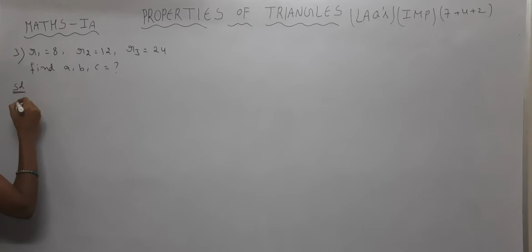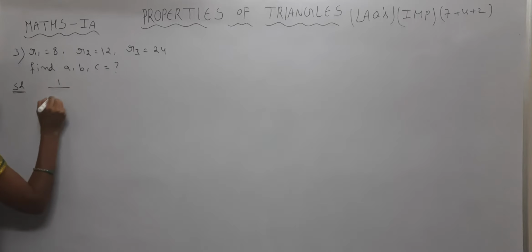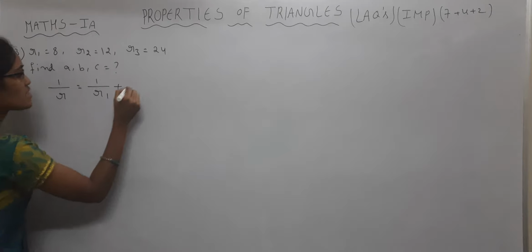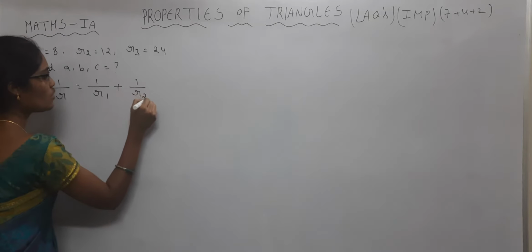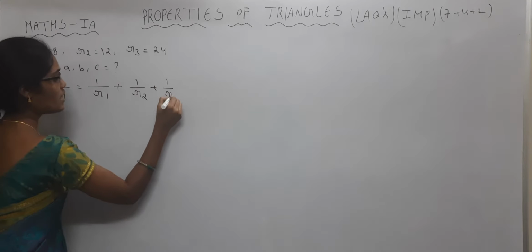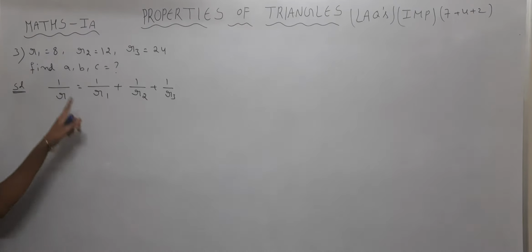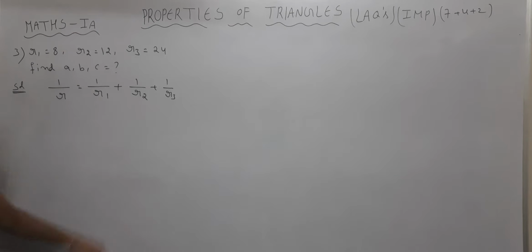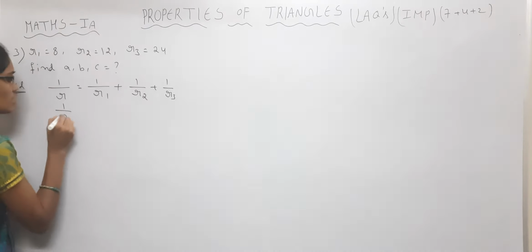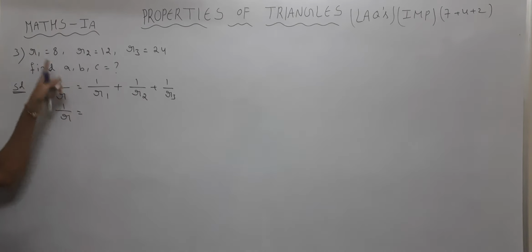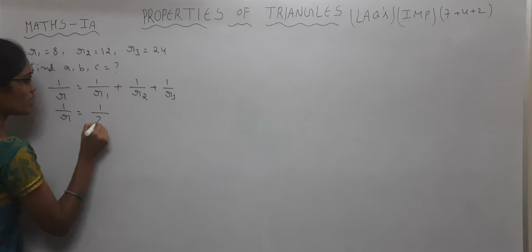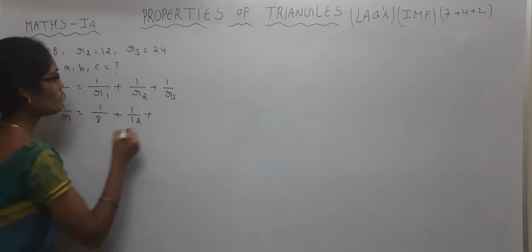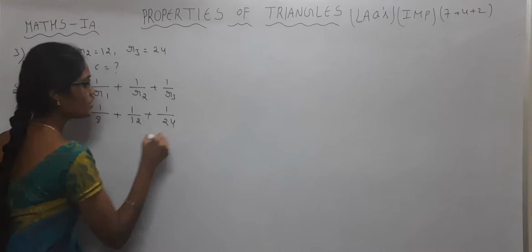Solution. For the R value, I am taking the formula 1 by R is equal to 1 by R1 plus 1 by R2 plus 1 by R3. First you have to take the formula 1 by R is equal to 1 by R1 plus 1 by R2 plus 1 by R3. So 1 by R is equal to, what are the R values? 1 by 8 plus 1 by 12 plus 1 by 24.